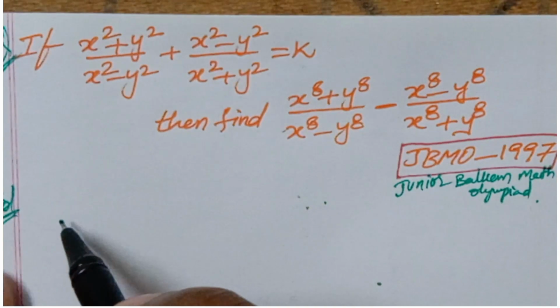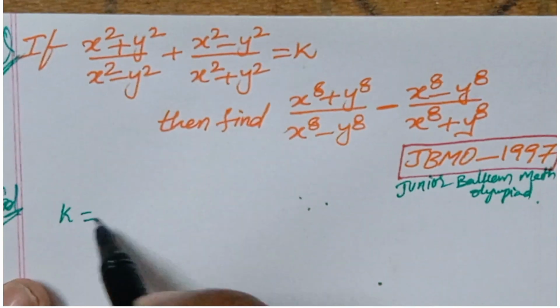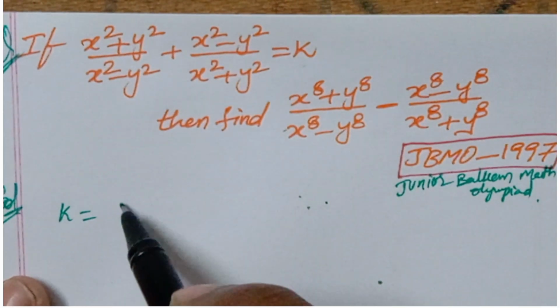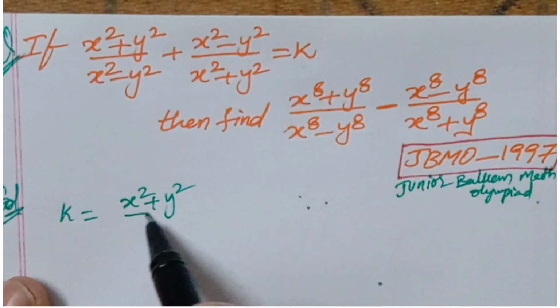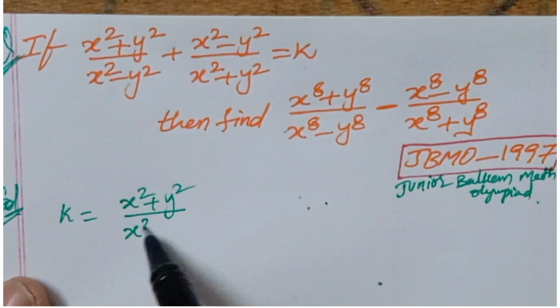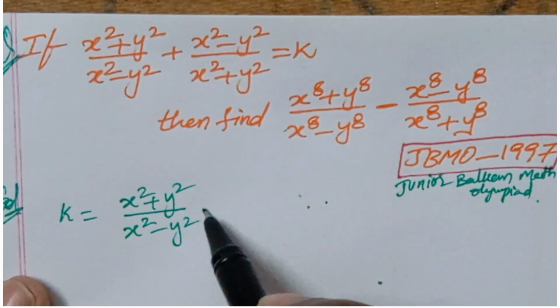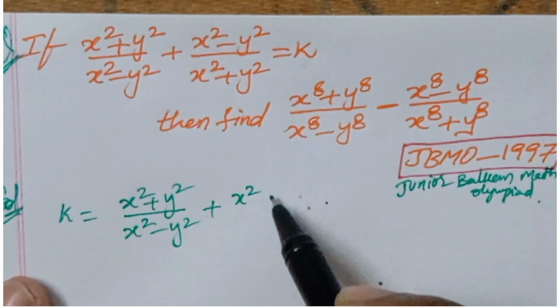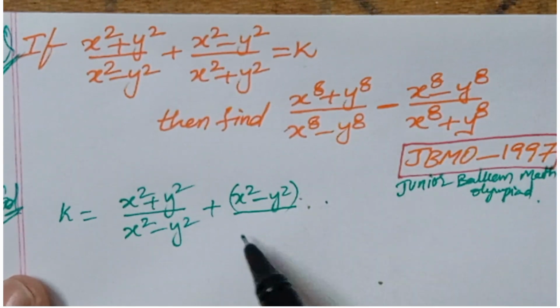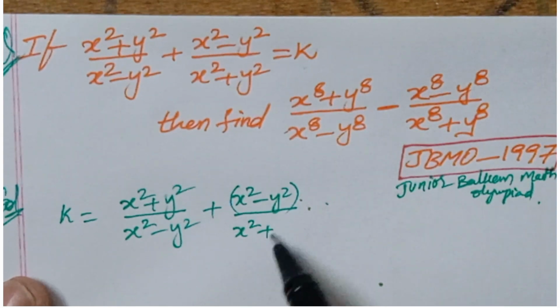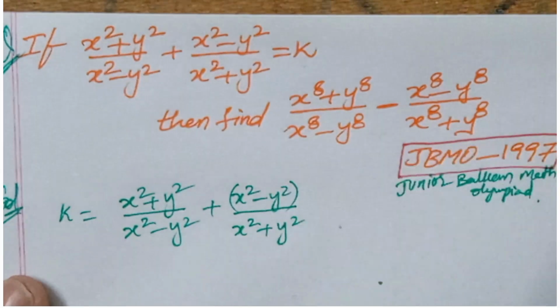So first of all, k is given: (x² + y²)/(x² − y²) + (x² − y²)/(x² + y²).